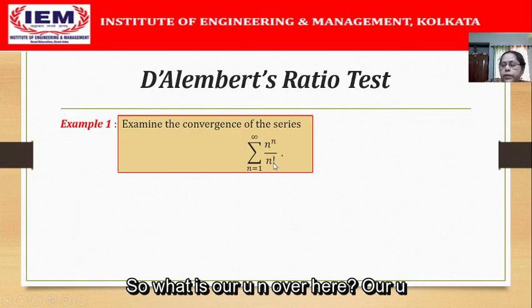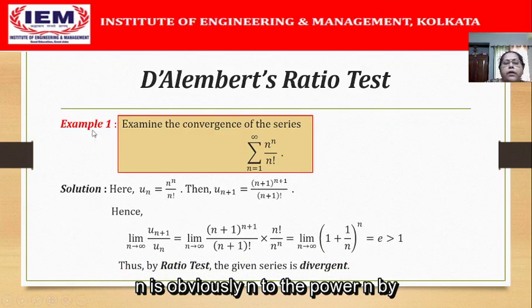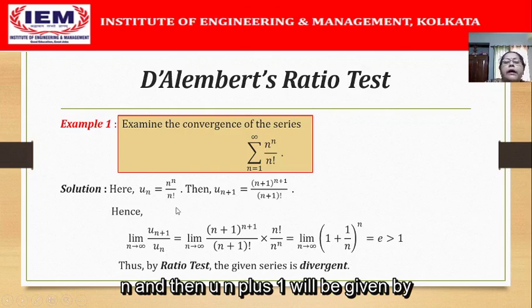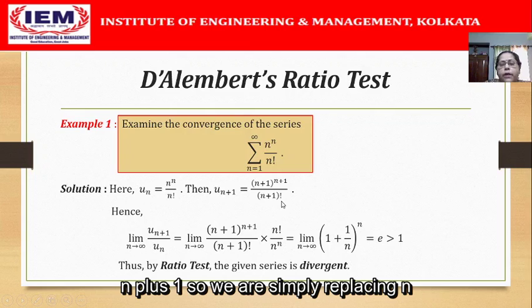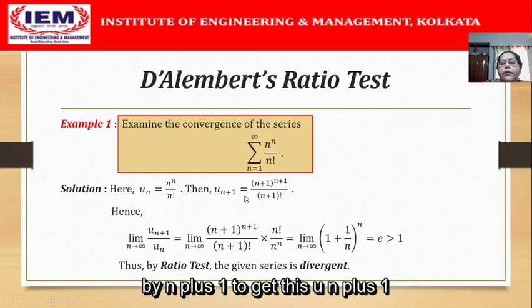So what is our un over here? Our un is obviously n to the power n by factorial n. And then un plus 1 will be given by n plus 1 to the power n plus 1 divided by factorial n plus 1. So we are simply replacing n by n plus 1 to get this un plus 1.